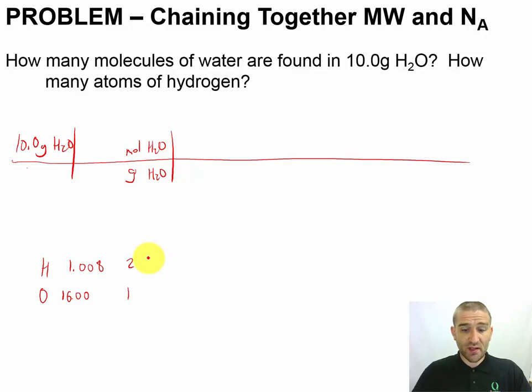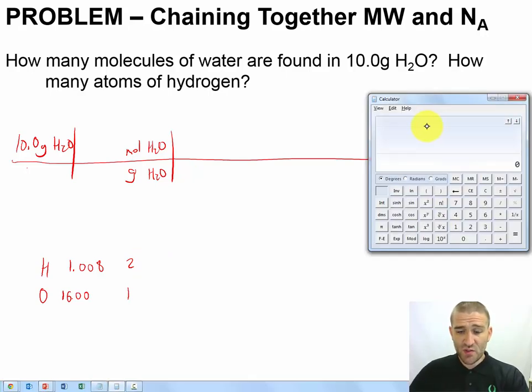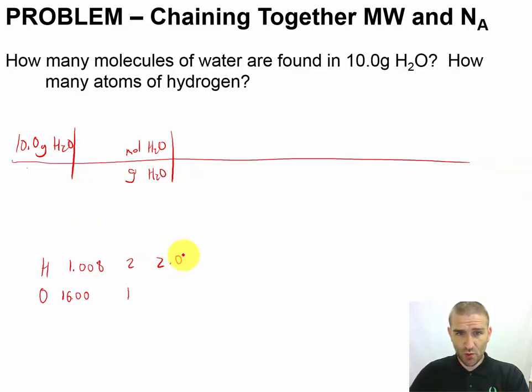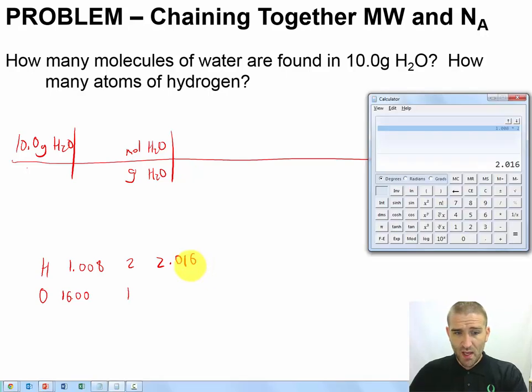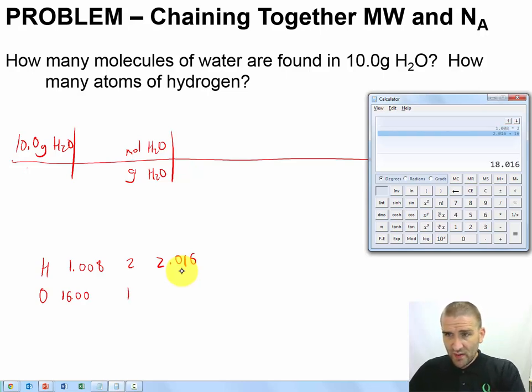So now we're going to grab our calculator. 1.008 times 2 will give us 2.016. And then 16 times 1 gives us 16. So we'll add the two together. So I'll do plus 16. We'll get 18.016.